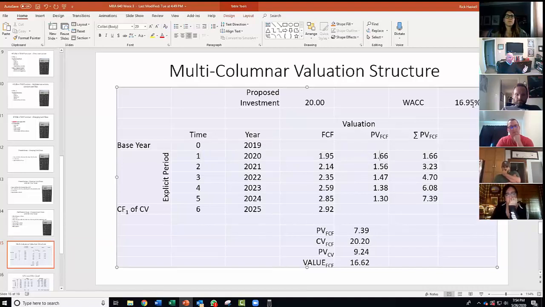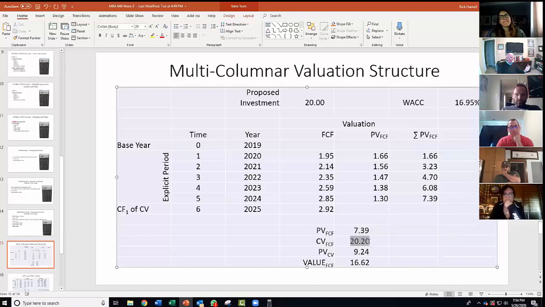I discount them at a discount rate. I then have a running total of those. So 1.66 plus 1.56 equals 3.23 plus 1.47 equals 4.7, and so on until I get the sum of the present values. And then I'm putting that number right here. Okay? That's the easy part.